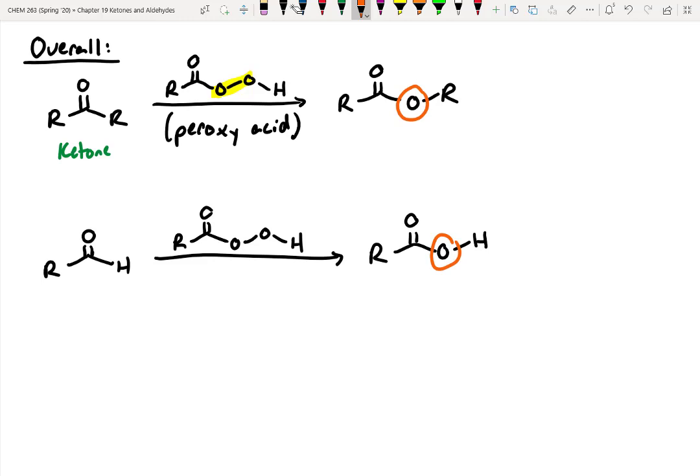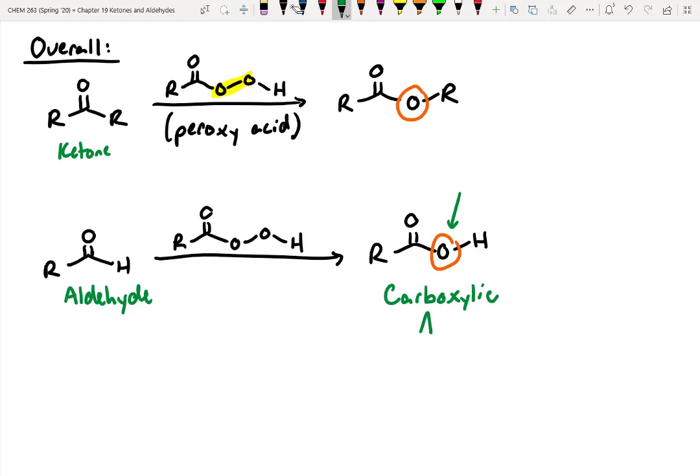The question is, well, how do we know which side? In the case of aldehydes, it's pretty easy to remember that anytime you do the Baeyer-Villiger oxidation with an aldehyde, you always get the insertion of the oxygen right here, meaning between where the hydrogen was attached and the carbonyl is. So you always end up with a carboxylic acid.